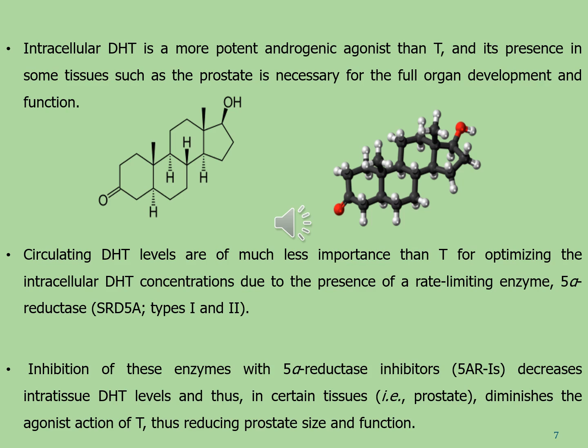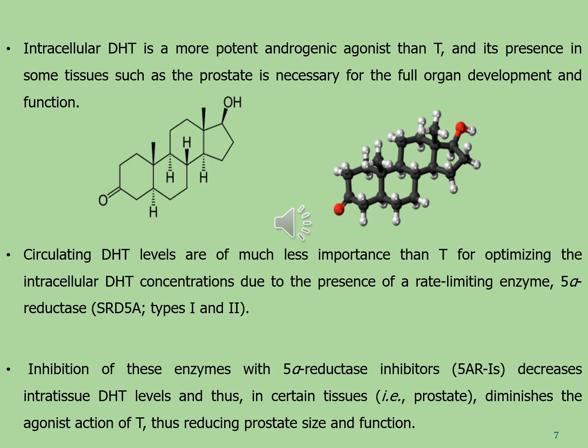Circulating dihydrotestosterone levels are much less important than testosterone for optimizing intracellular DHT concentrations due to the presence of a rate-limiting enzyme, that is 5-alpha reductase, encoded by SRD5A types 1 and 2.